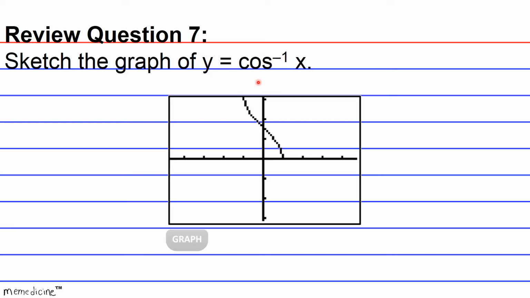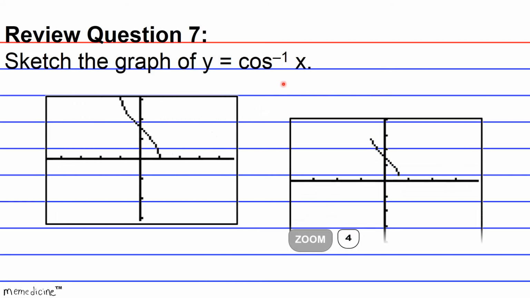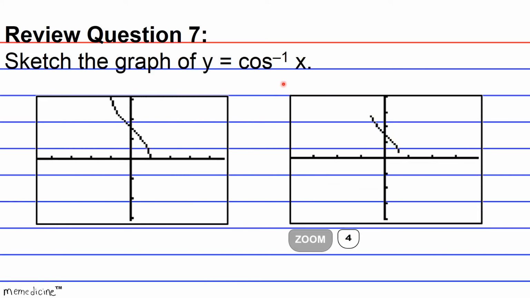I'm talking about the inverse functions that yield angles as answers. You get that viewing window by pressing Zoom and 4, the decimal setting. Actually, I think this is reversed. This is what pops up when you hit graph, and this is what should pop up when you hit Zoom 4. You notice the difference, right?